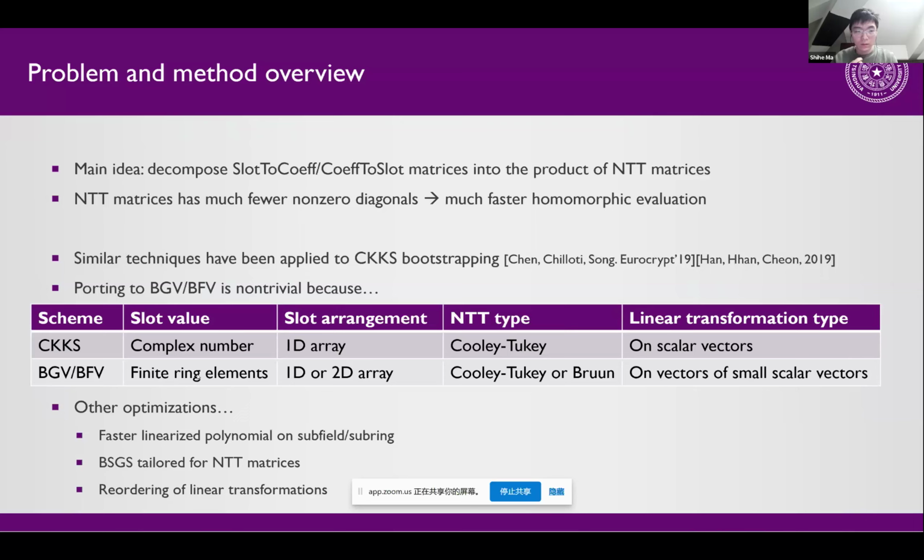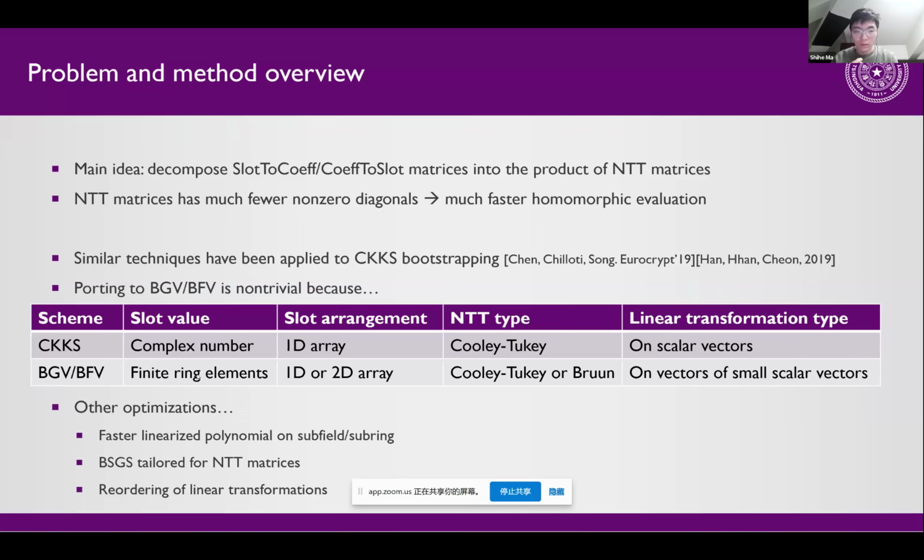The first one is that the slots in CKKS always form a one-dimensional array, but it can be one-dimensional or two-dimensional in BGV/BFV. And the second one is that the NTT matrices are always negacyclic type in CKKS, but they can be negacyclic or Boolean type in BGV/BFV. And the last one is that the linear transformations in CKKS operate on a vector of complex numbers, or a scalar vector.